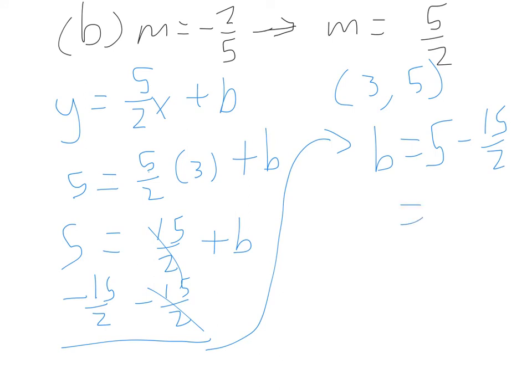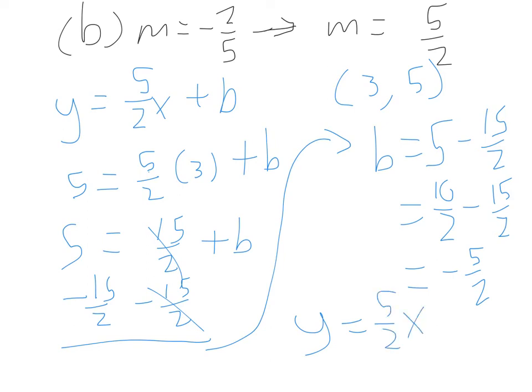Remember, 5 can be rewritten as 10/2 minus 15/2. So that would be minus 5/2. So our equation is 5/2 x minus 5/2. That's the equation of the line in slope-intercept form.